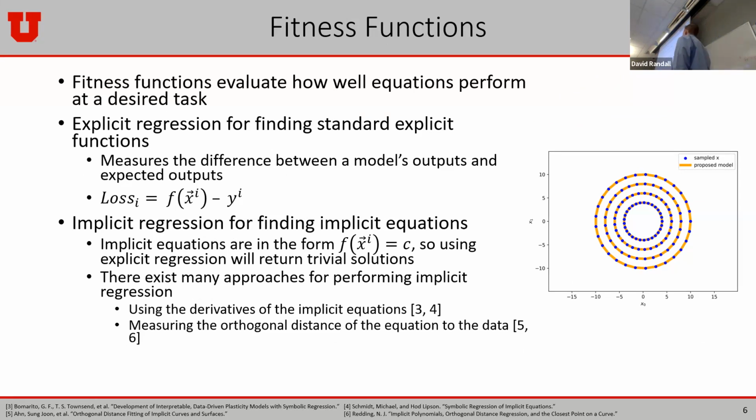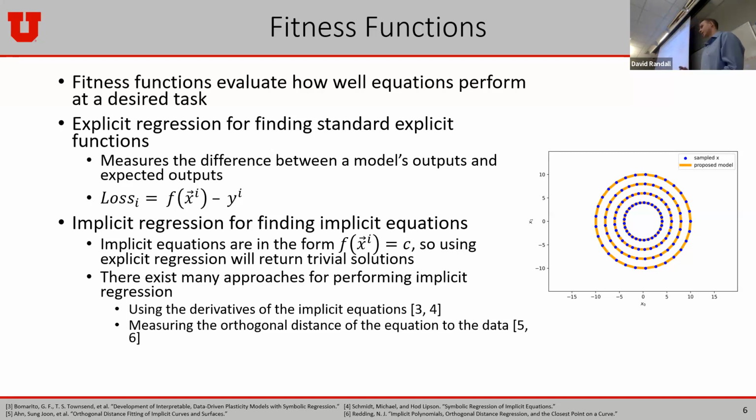However, we can't use this approach for implicit equations since they're of the form f of x is equal to some constant. For example, think of the equation of a circle, that's x squared plus y squared is equal to r squared. So if we let r equal 3, then we get an equation that always evaluates to 9. And if we were to use explicit regression in this case, we would find equations like 9 is equal to 9, which isn't what we want.